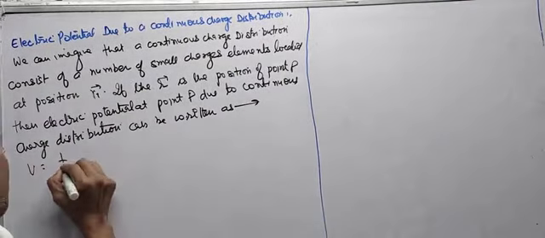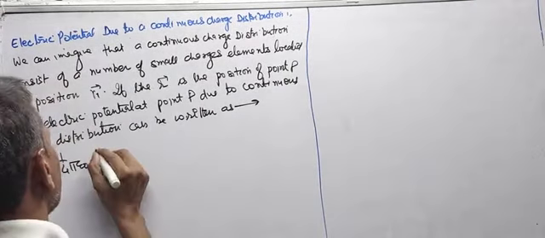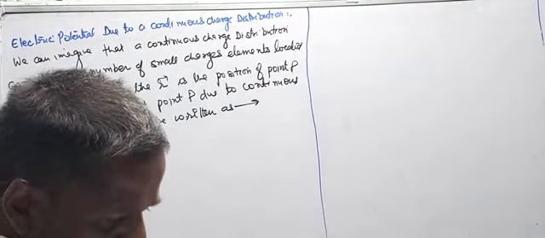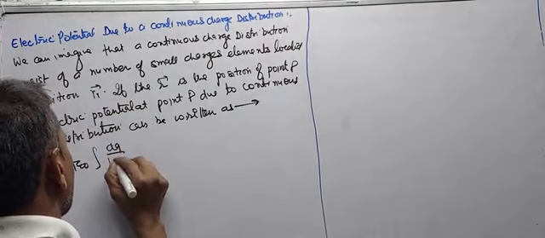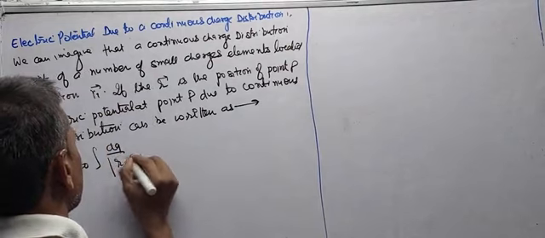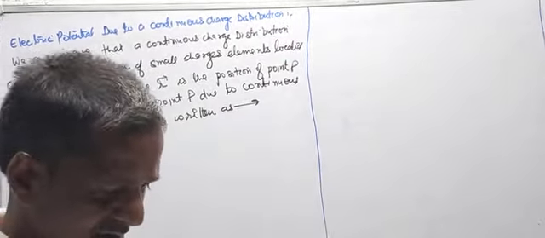V equals 1 upon 4 pi epsilon naught integral dq upon mod r minus ri cap.